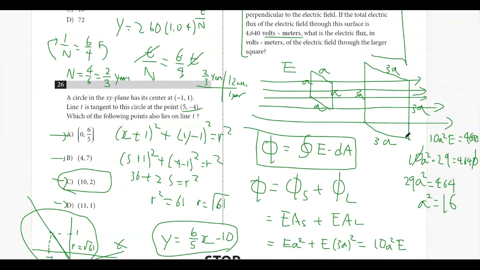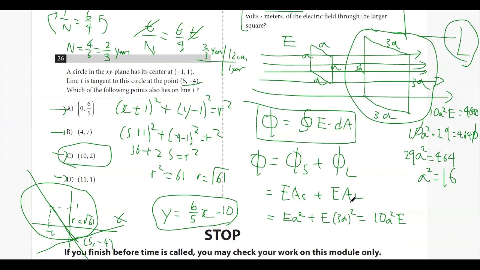Now it's asking for the electric flux in volts meters of the electric field through the larger square. Since this is the larger square, all you have to do is find E A squared.